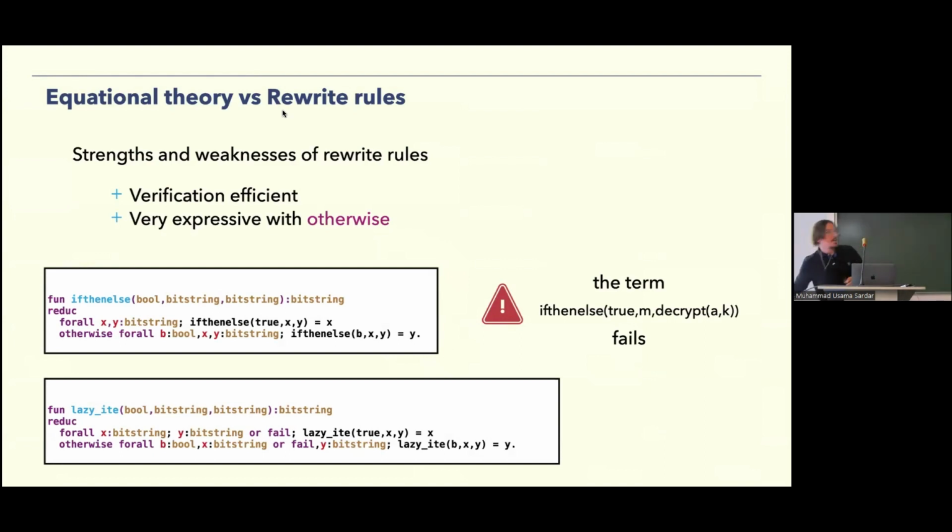If the function is declared not as a reduc but as an equation, and you, for example, write decryption of A by K, even though it's technically not possible, you have an algorithm that just returns garbage. It doesn't decrypt anything, it returns garbage. But it means ProVerif will still have to consider this term, because it's something that your algorithm returns if you declare decryption as an equation.